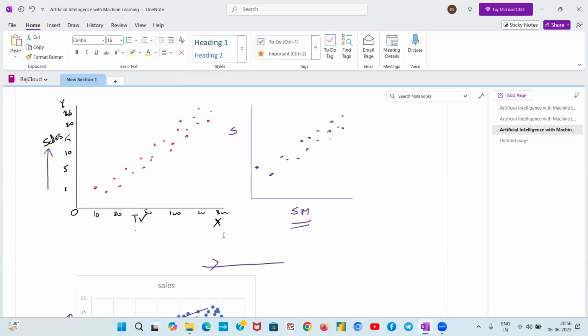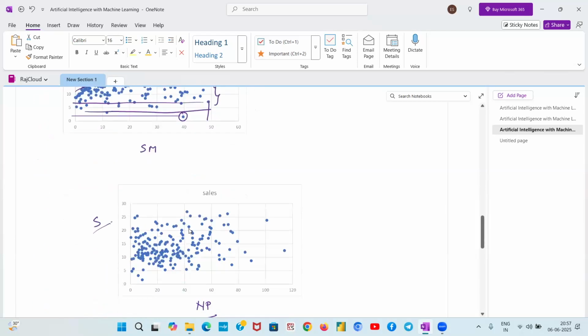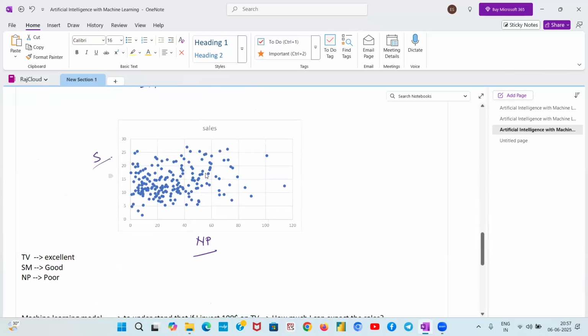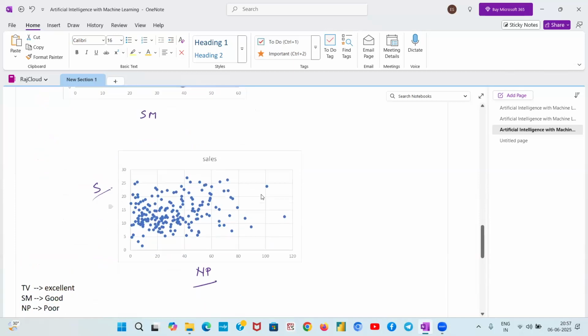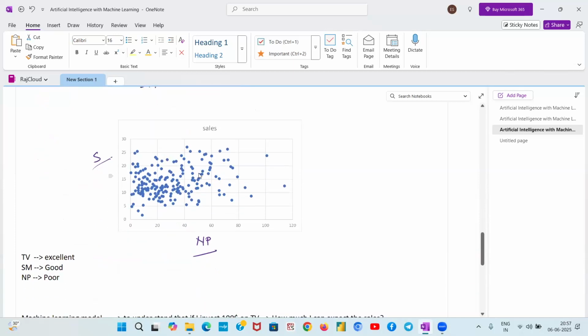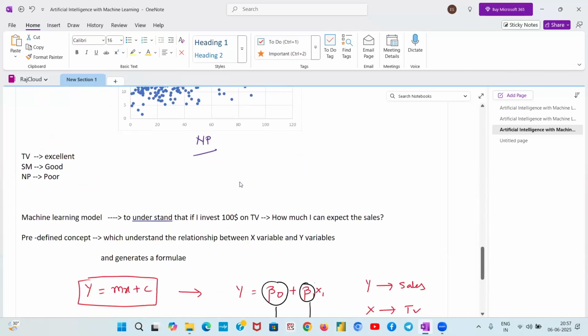We are trying to understand, among the different variables, TV versus sales, social media versus sales, and newspaper versus sales, which one really has a good relationship. Through a statistical plot, which we call a scatter plot, we try to understand the relationship, and we identified that TV is doing very well and social media is also good, but newspaper is not doing well.